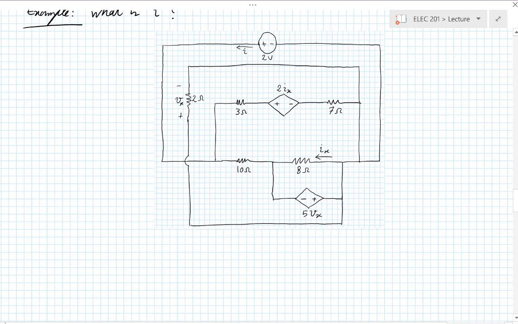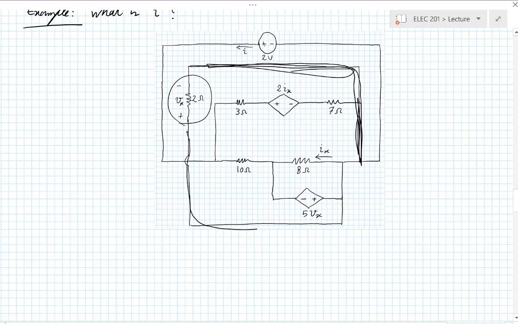Look at this. This resistor here is connected on one side all the way here, and on the other side all the way here, going over the other way. Right? So if it was something I had in the lab, I could just physically move this resistor to the other side. So I could have it here.